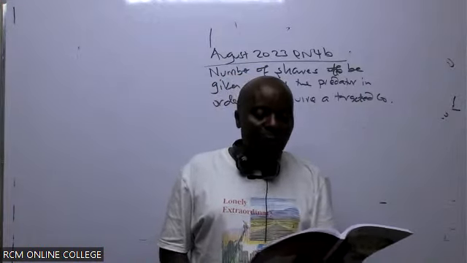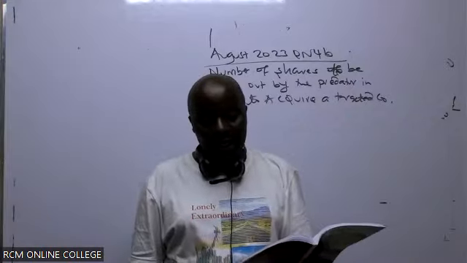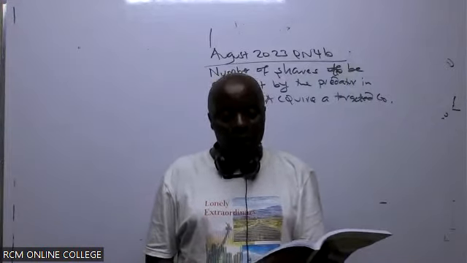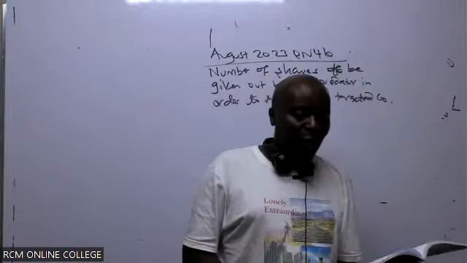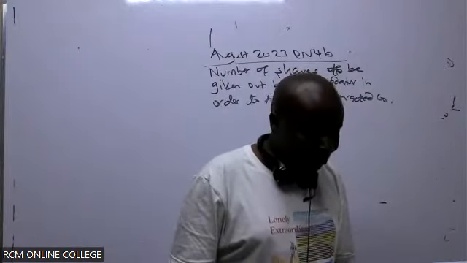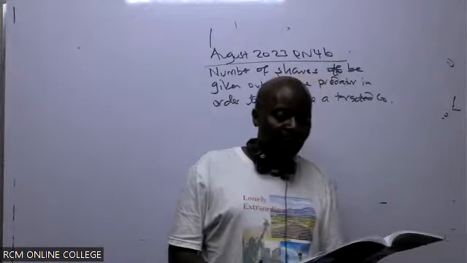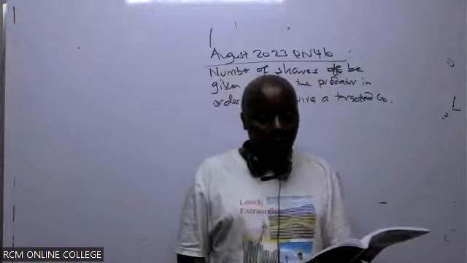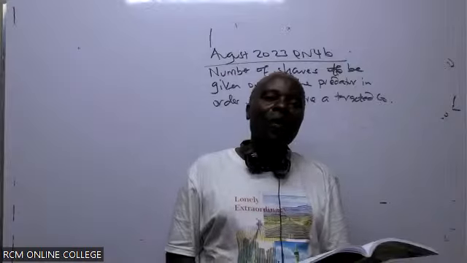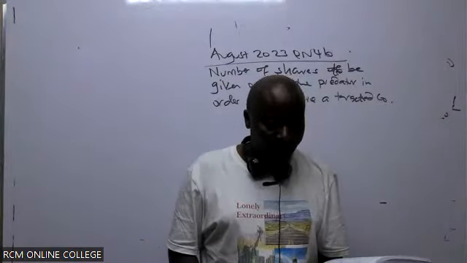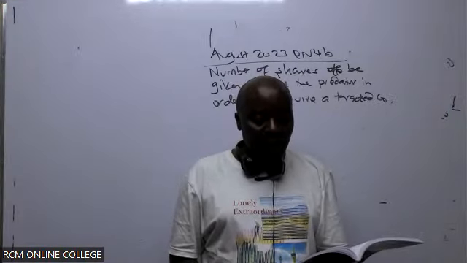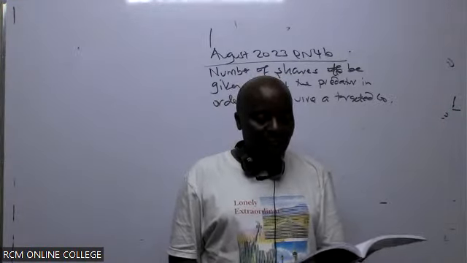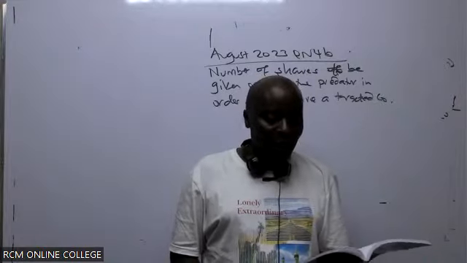ACO Limited is proposing to acquire Bero Limited by means of an issue of its own ordinary shares in exchange for the ordinary shares of Bero Limited. The management of the two companies have availed the following information to assist in the takeover: maintainable annual profits after tax, current market price per ordinary share, and current earnings per share. Read that very, very well.